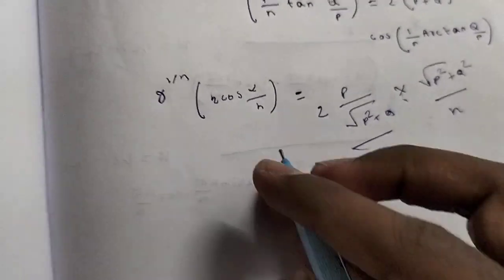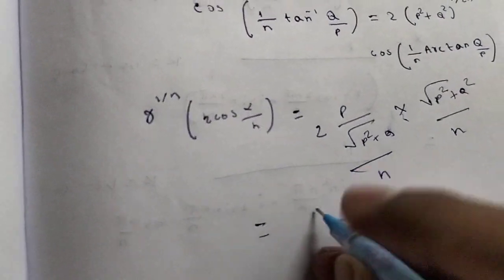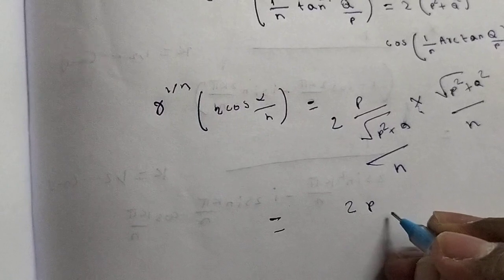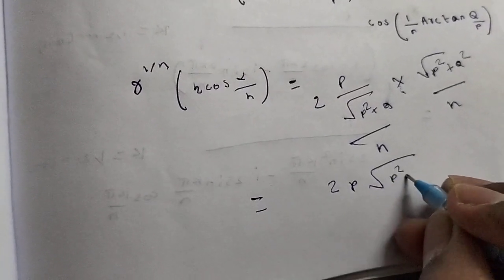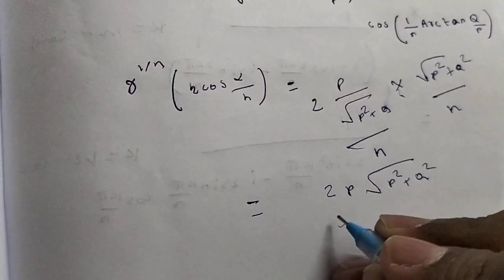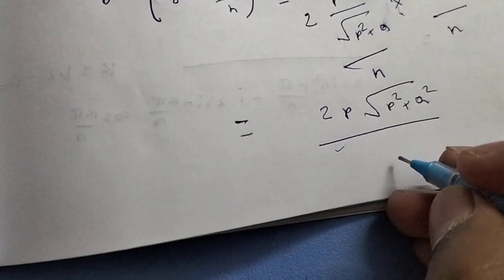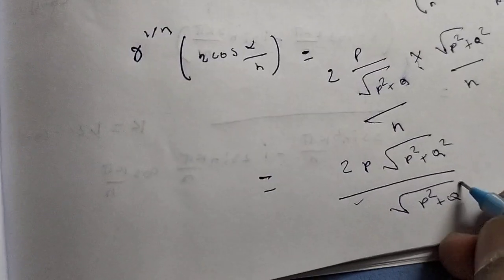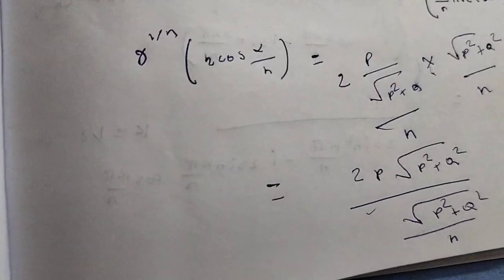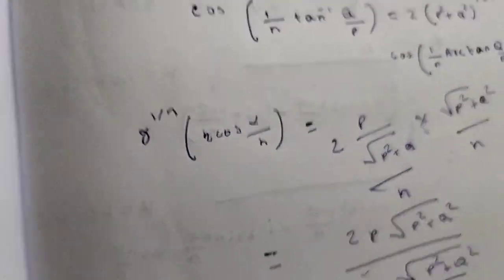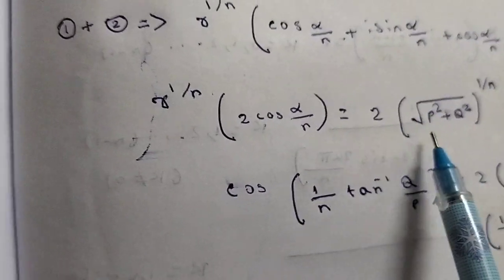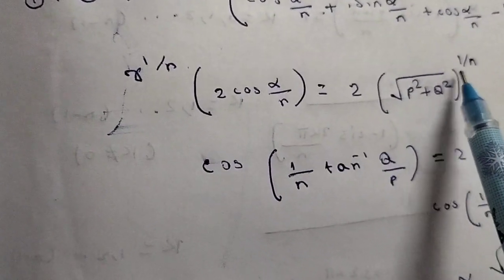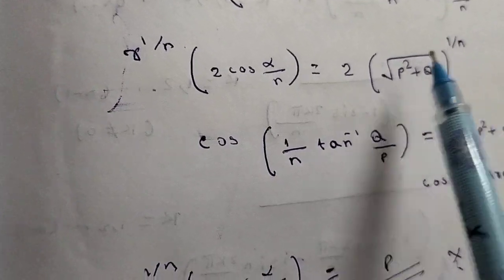So that will become 2p root over p² + q² by root over p² + q² to the power of 1/n. That one I am writing simply as 2 of the square root of p² + q² whole to the power of 1/n.